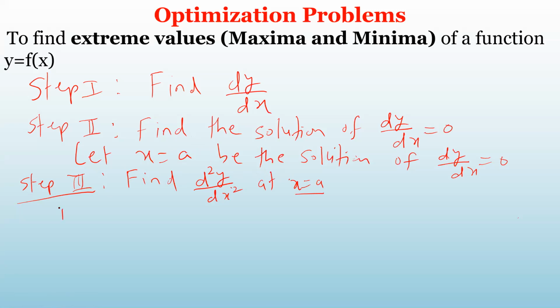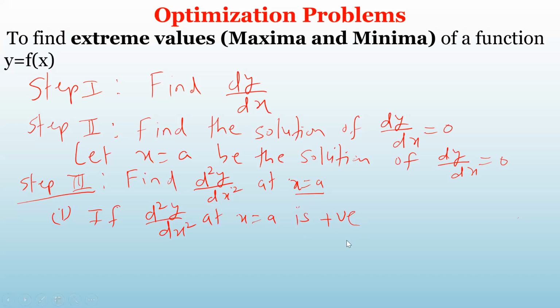Now, if this second order derivative of y at x is equal to a is positive, we don't have to see the value of this. We only have to see the sign.